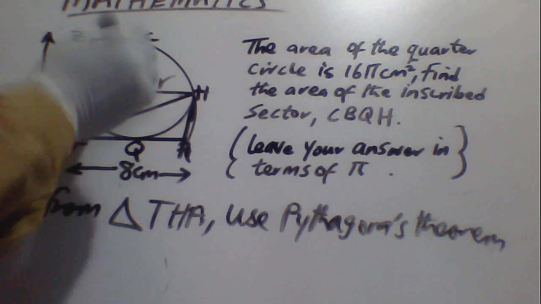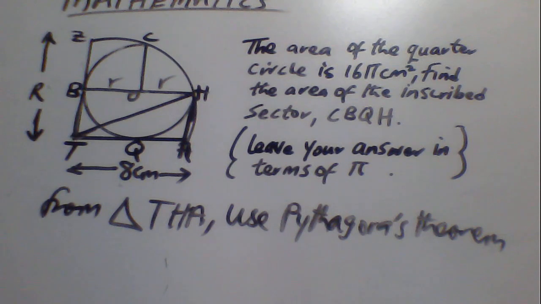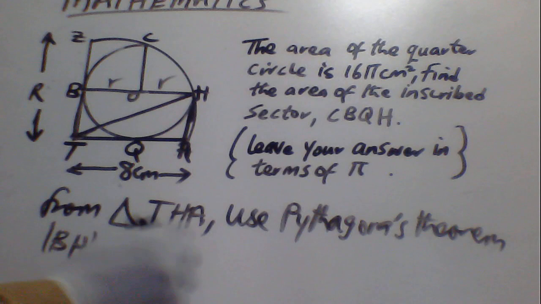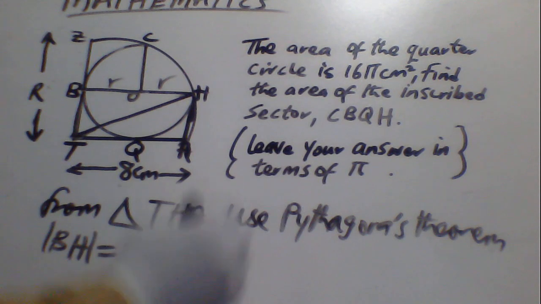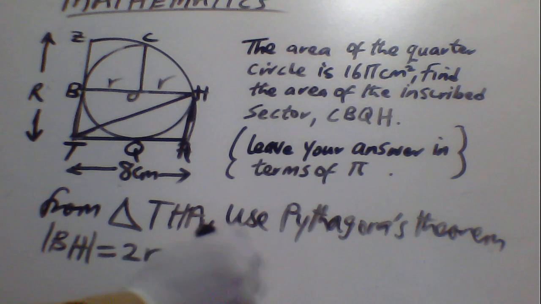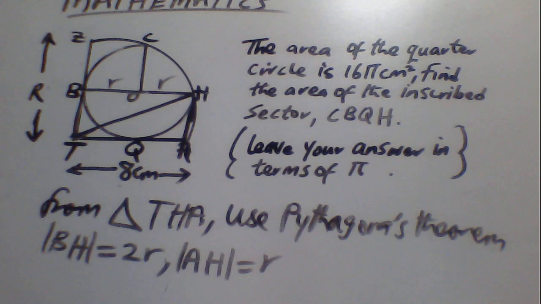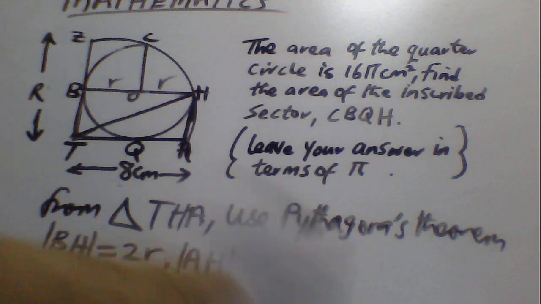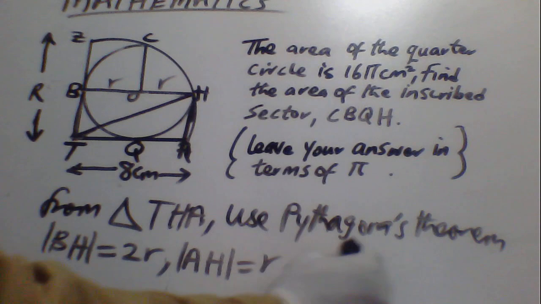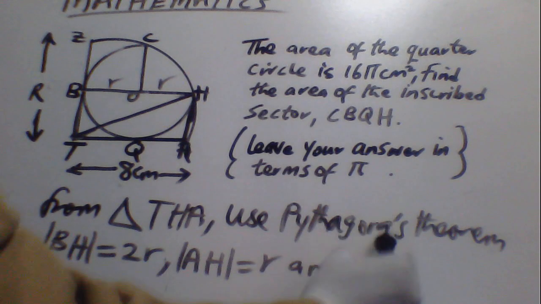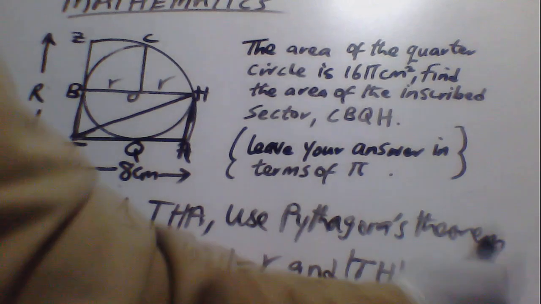This center we call r, so that we have BH equal to 2r, and then we have AH equal to r, and then we have TH equal to r.